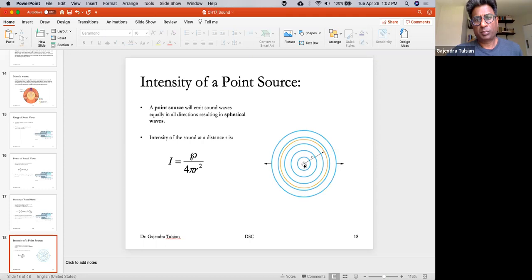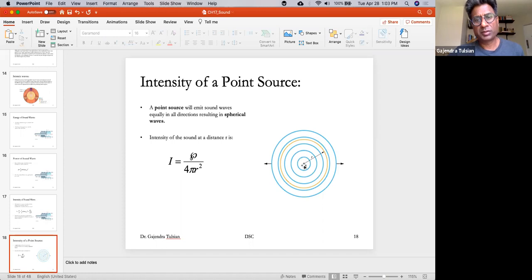Okay, so here is a point source. A point source is something that emits sound waves in all directions. So this could be a bird singing. And what this formula shows you is that the intensity is the power, the energy that the bird is putting out per second, or this could be a point speaker, an omnidirectional speaker.